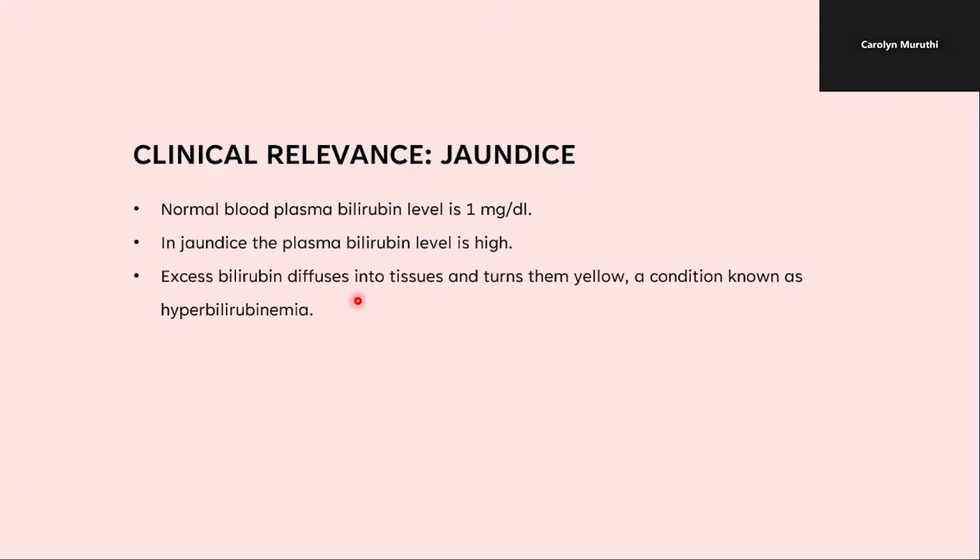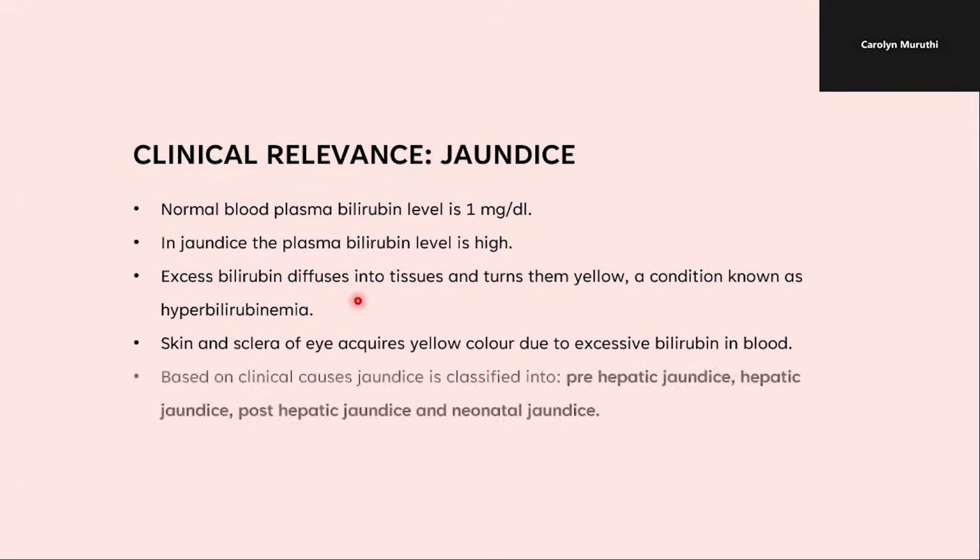And this will diffuse into tissues, including the skin and the sclera of the eye, and turn them yellow, a condition known as hyperbilirubinemia. We have various forms of jaundice, including prehepatic, hepatic, post-hepatic, and also neonatal jaundice.